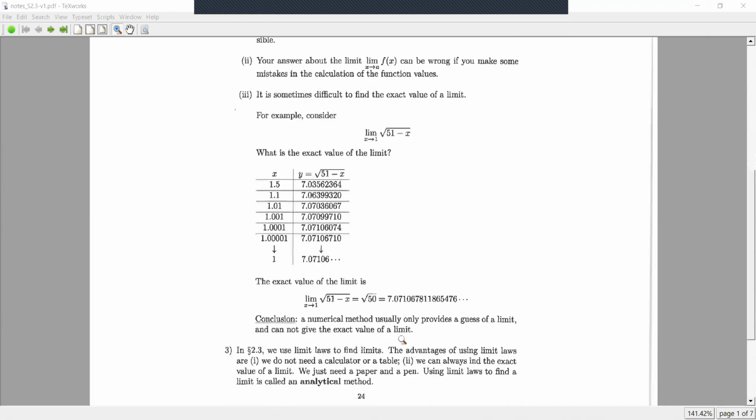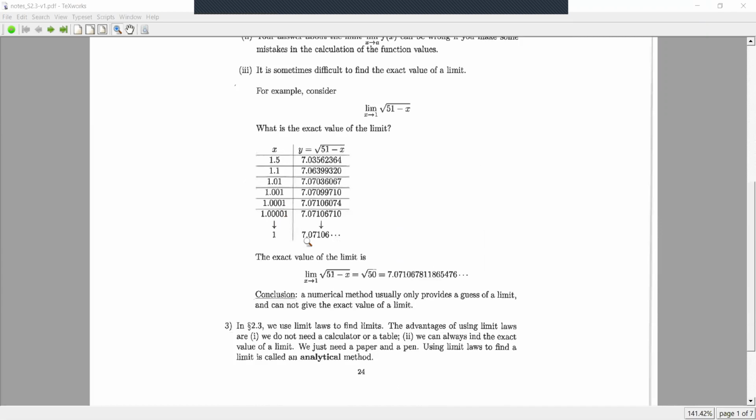Here, I have made a table. In this table, I let x approach the point 1 by taking on these points. By calculator, the function values at these points are these values. Now, from this table, as x approaches 1, I can tell the function approaches this number.